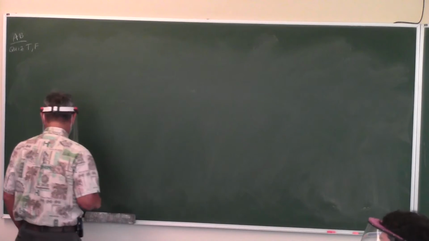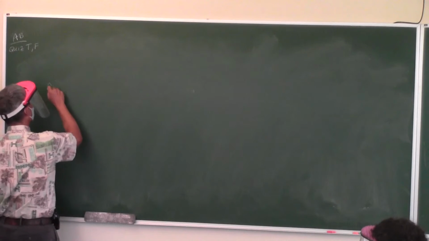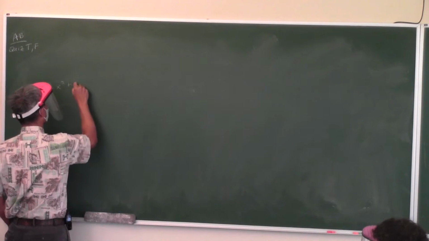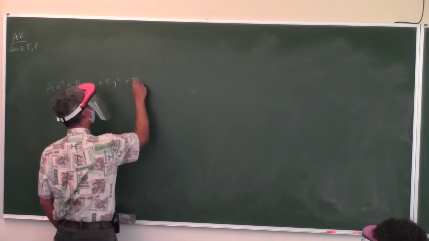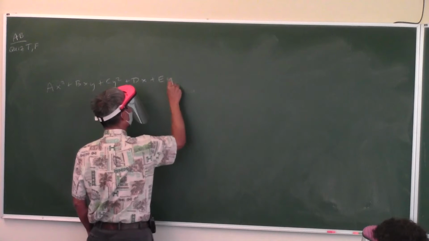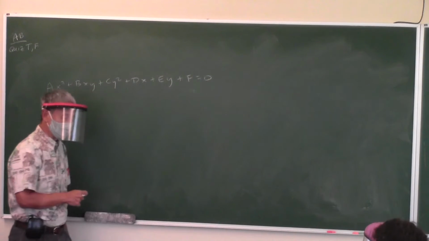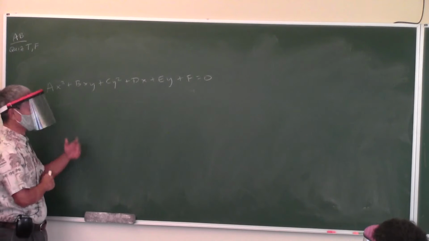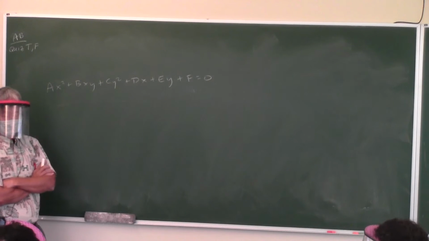Okay, so let's go back to PCH, see if you guys remember anything. So in two dimensions in the Cartesian plane, what would the graph of this be?